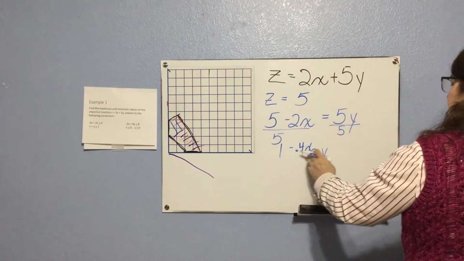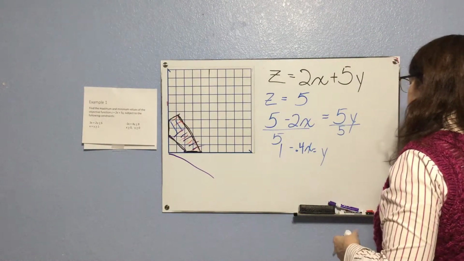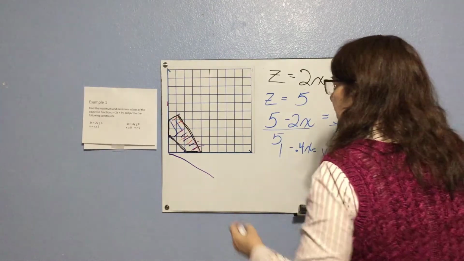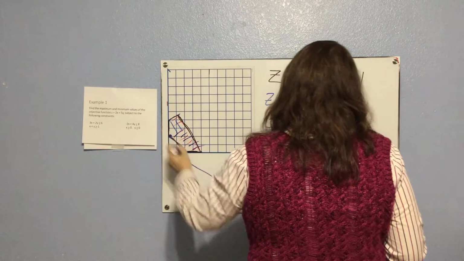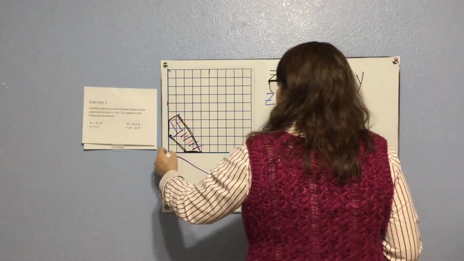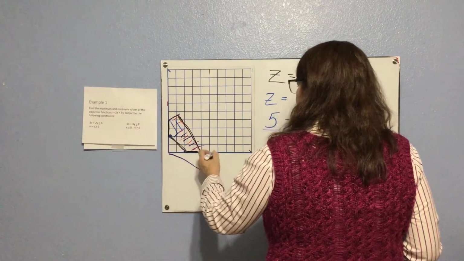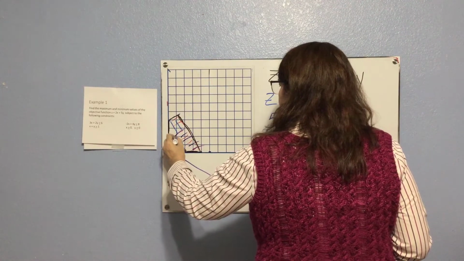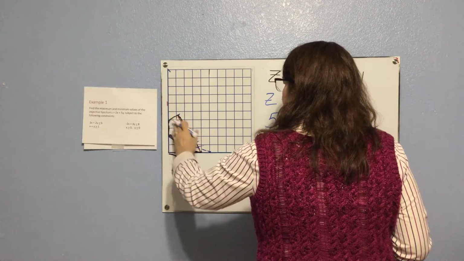And you might notice that negative 0.4x is the same slope we had before. So we're going to be plotting a parallel line. My y-intercept is at 1. So right here, negative 0.4 means down 2 over 5, or down 2 over 5, like this.